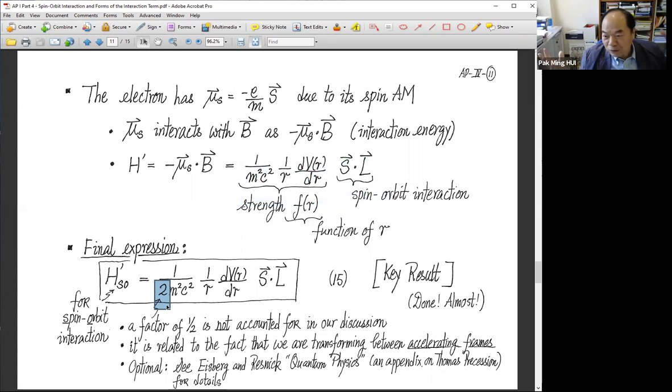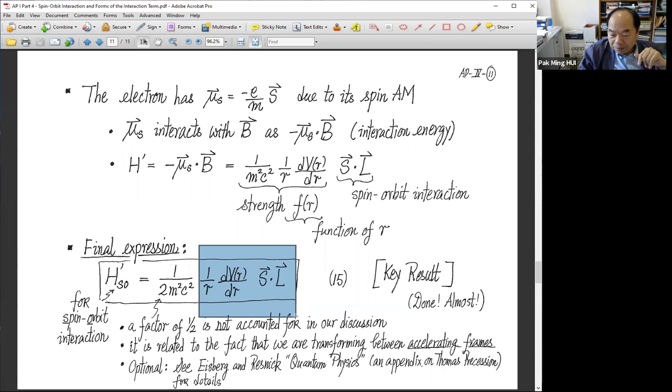I hope that you won't feel that bad, because after all, the real physics has to do with how to handle this part as a perturbation. Okay? So that is the end of the formula.